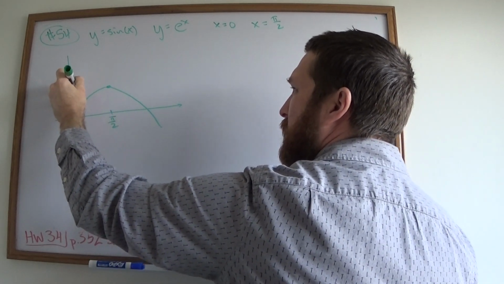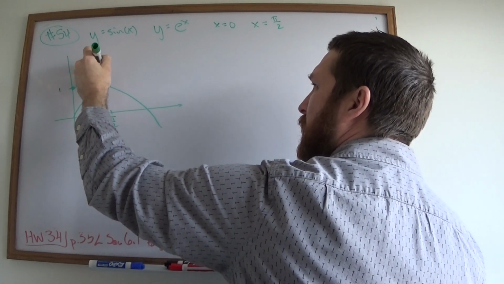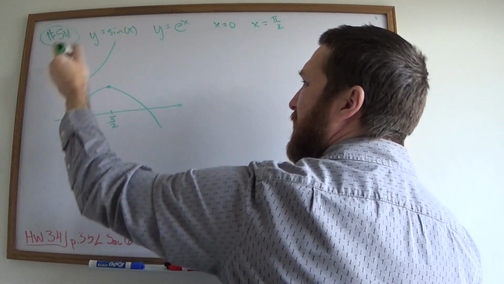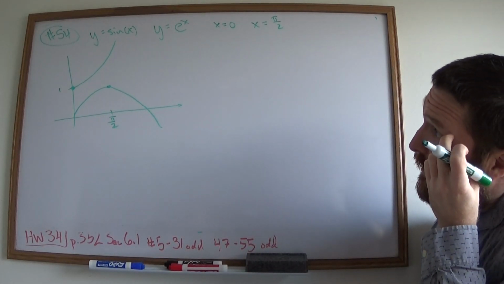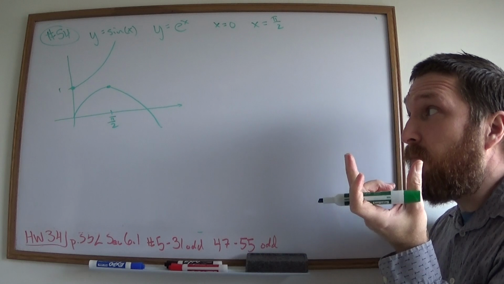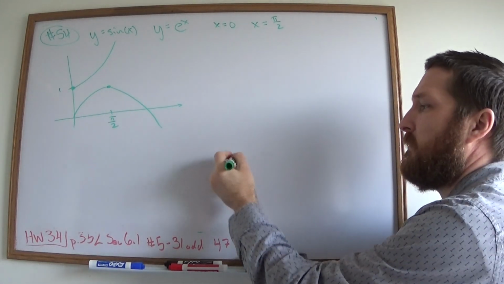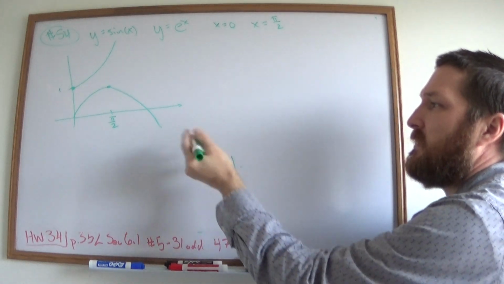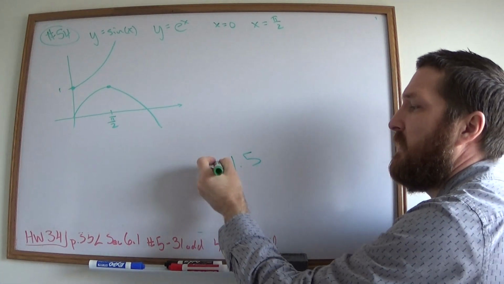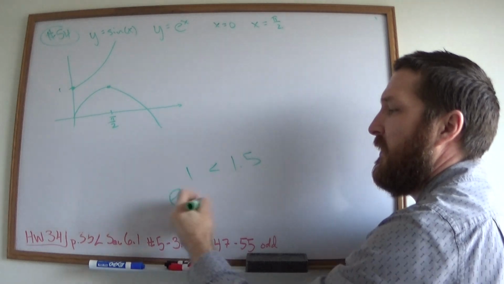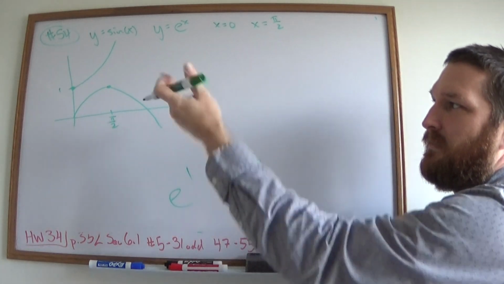Is e or pi over 2 bigger? It seems like it should do that. 2.7. Yeah, e would be bigger, right? Because you're talking about something close to 1.5. And since that's bigger than that, then that's bigger than that. So e is obviously bigger.